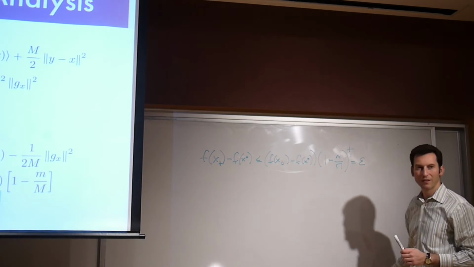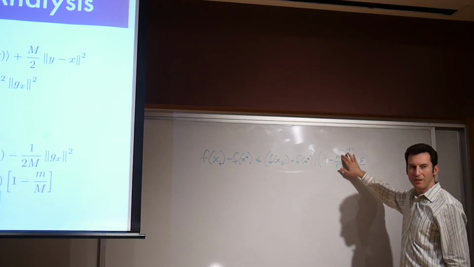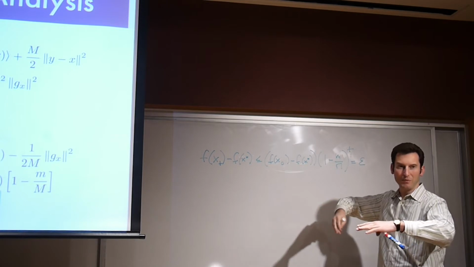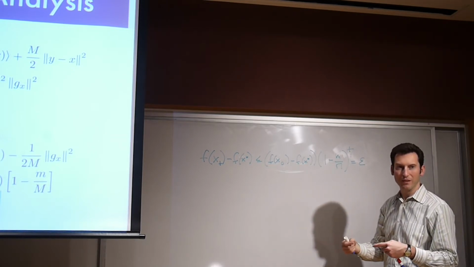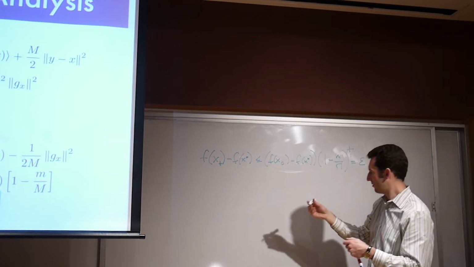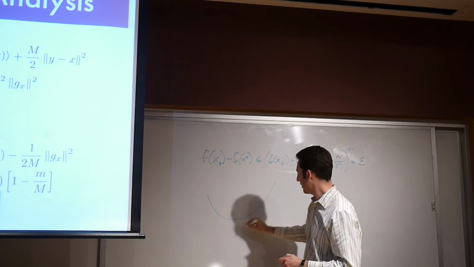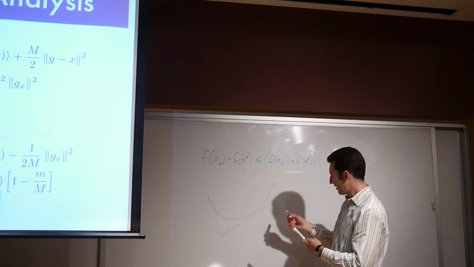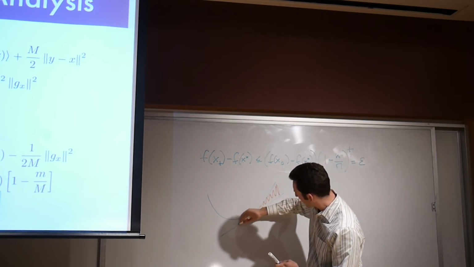Question: what are the small m and capital M? Little m is the strong convexity constant. That's basically the flat parabola that we can sandwich between our tangent and the function. Remember, this was our function, that's the tangent, and then how much space there is to squeeze a parabola.